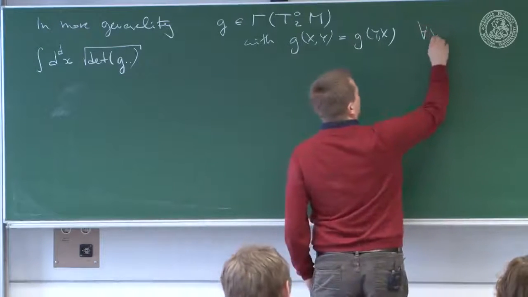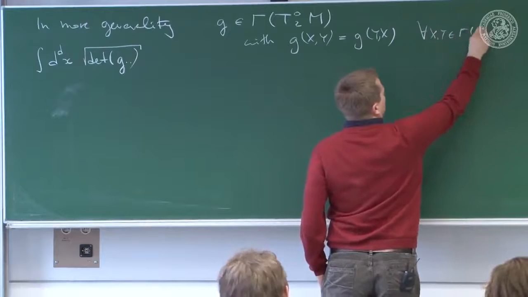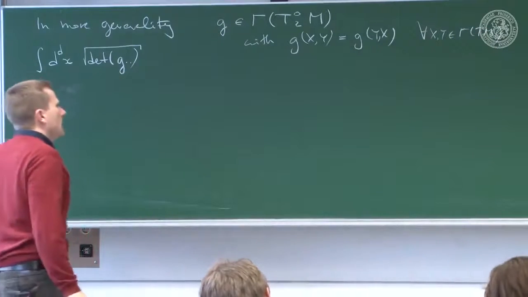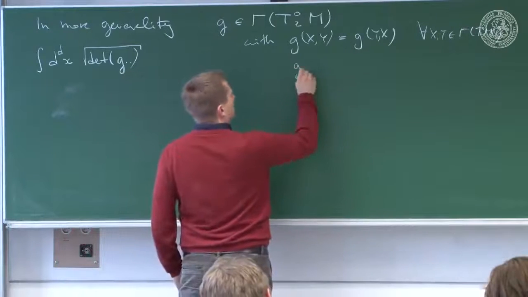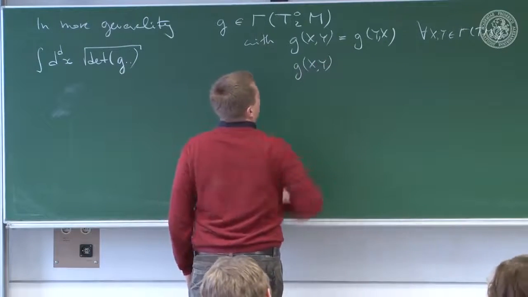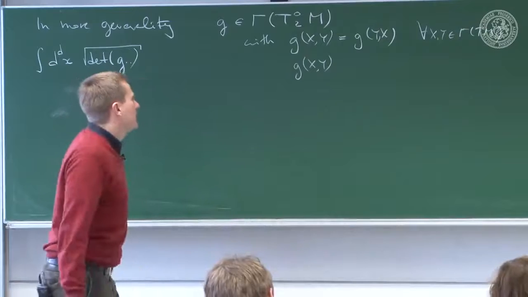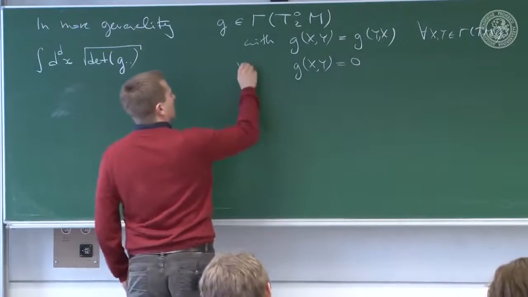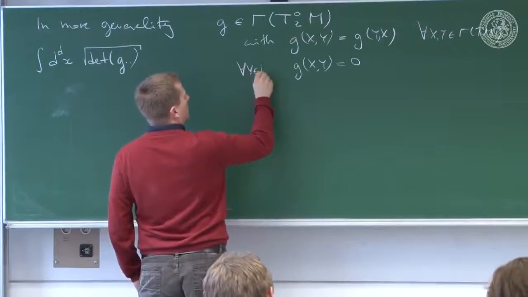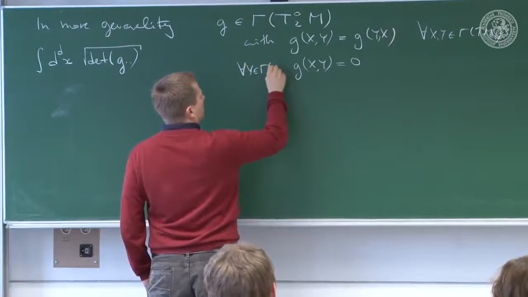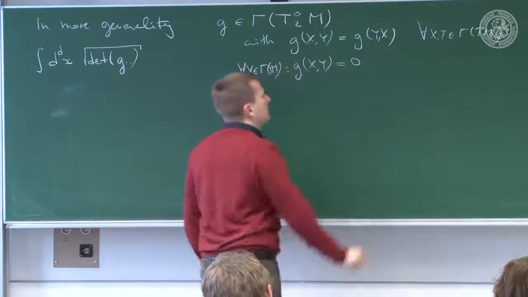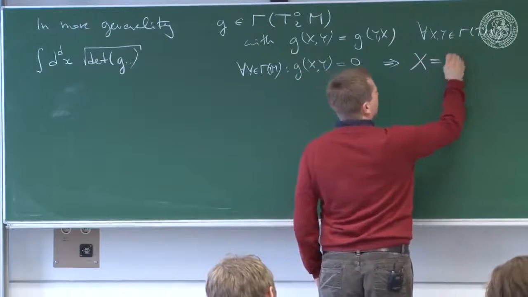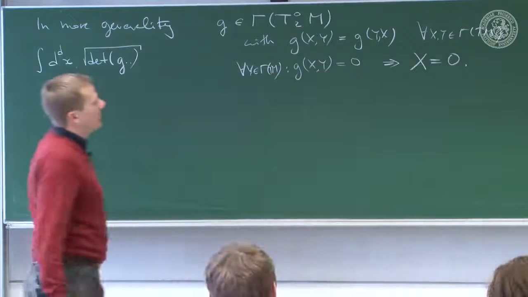So this is for any x, y being vector fields. And I also require that if G(x, y) equals 0 for every vector field y, but you can also do this pointwise, then already the vector field x is 0 everywhere.